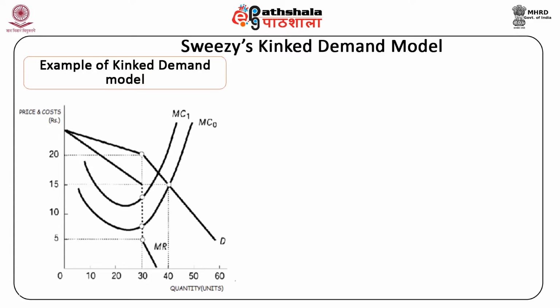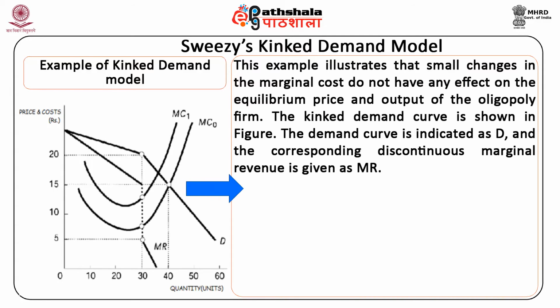Clearly, the equilibrium price and output remain the same at rupees 20 and 30 units respectively. This is so because the kink in the demand curve, and thus the equilibrium, does not change with the shift in the marginal cost as indicated in the figure. This example illustrates that small changes in the marginal cost do not have any effect on the equilibrium price and output of the oligopoly firm.